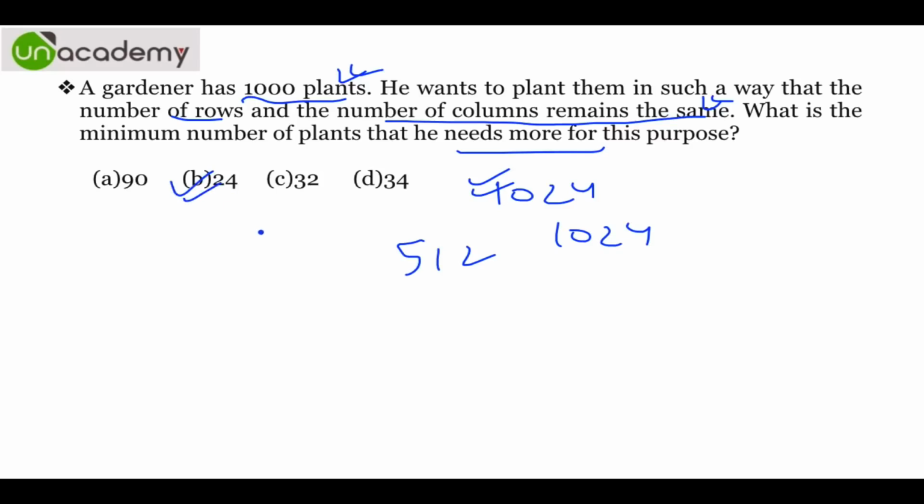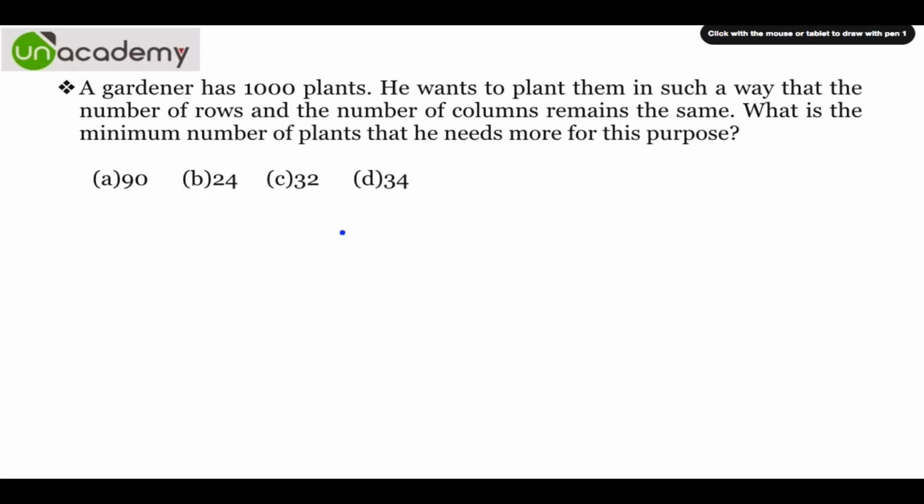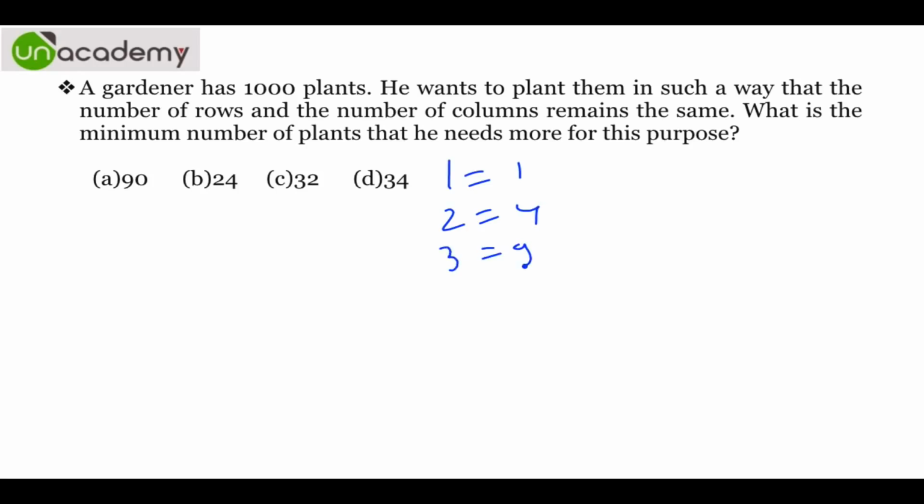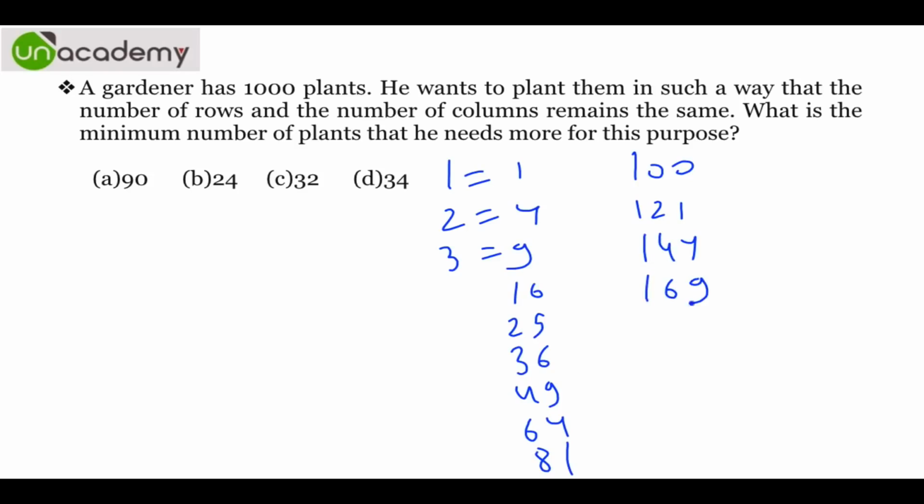But I think you should remember various squares at least. It will help you. The key to remembering squares is: 1 squared is 1, 2 squared is 4, 3 squared is 9, then 16, 25, 36, 49, 64, 81, 100, 121, 144, 169, 196, 225.